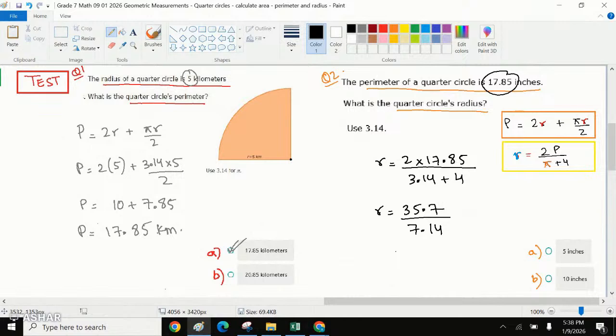See, radius is twice multiplied by the perimeter. The perimeter is 17.85. When 2 is multiplied by 17.85, it comes out to be 35.7. When 35.7 is divided by 7.14, I think you did a mistype, right? Please check again. Is it option 1 or option 2?